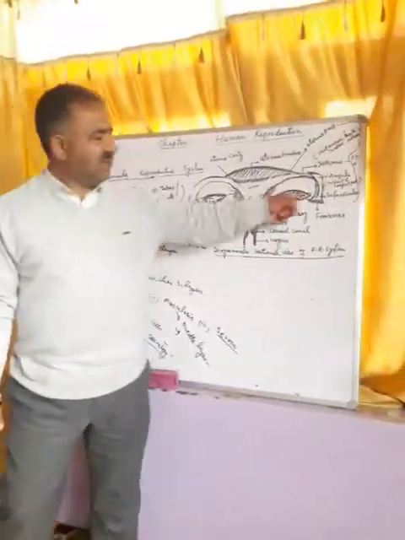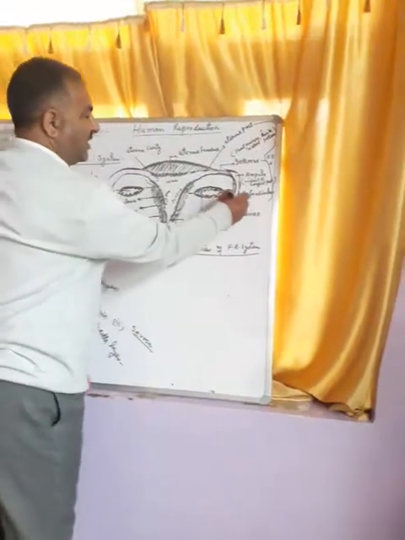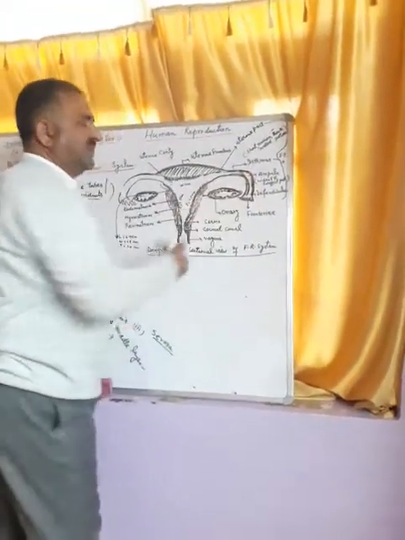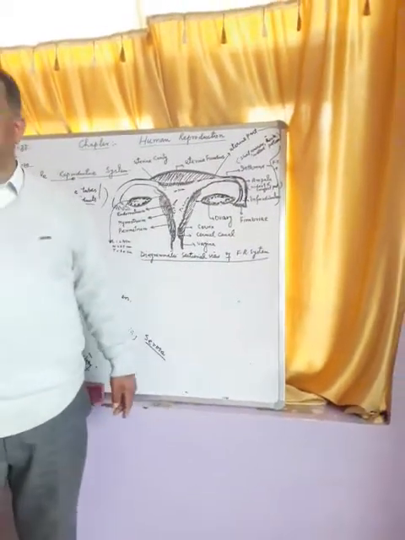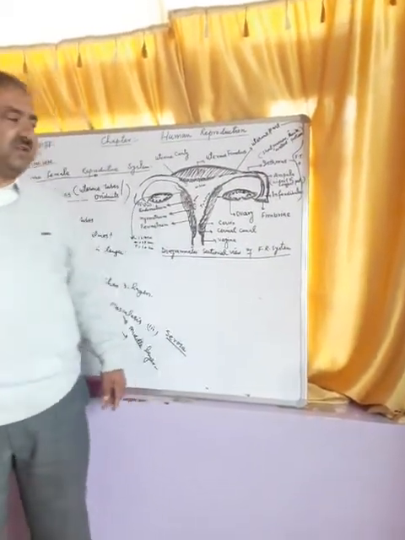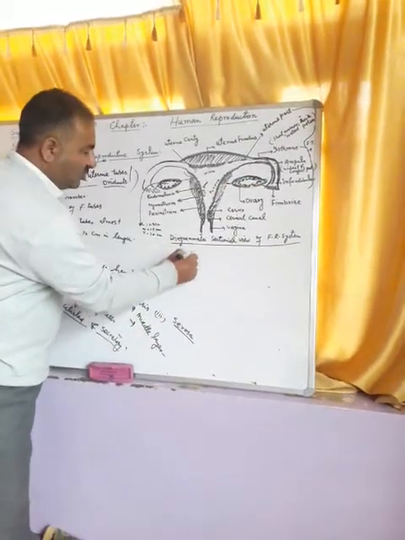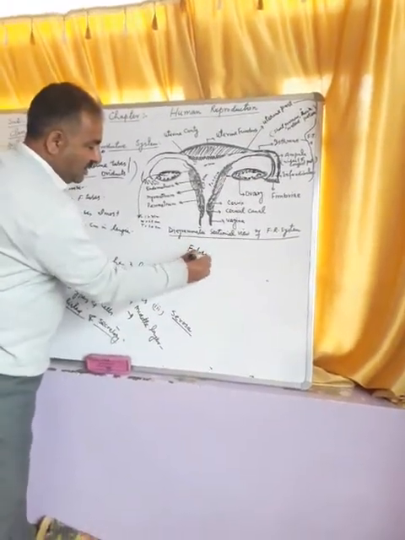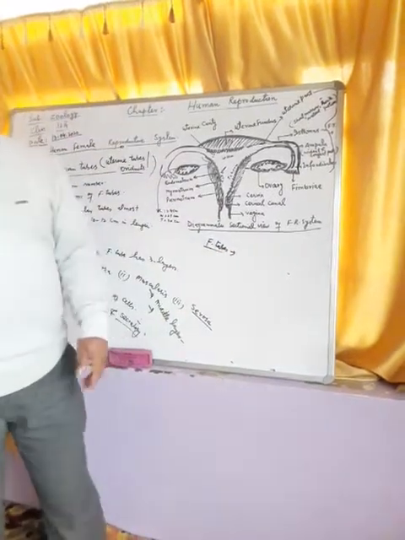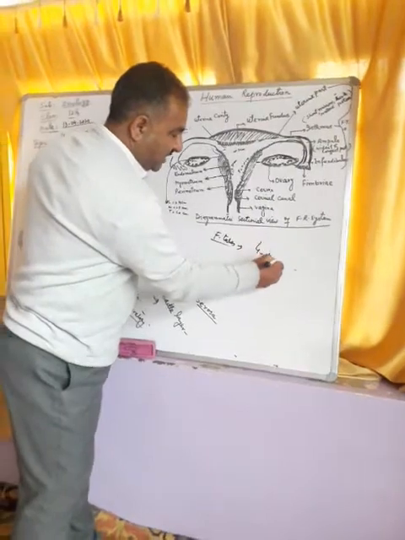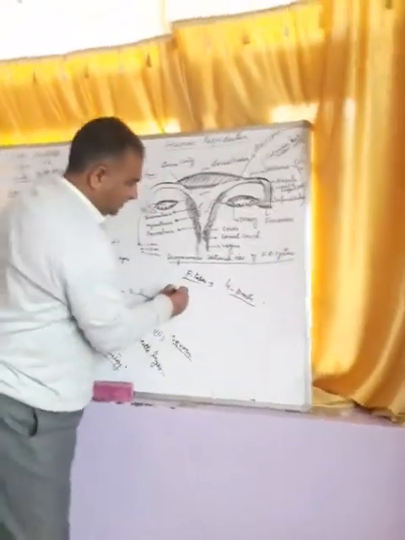So far as the parts of the fallopian tube are concerned, somewhere you can see 3 parts mentioned in some books, and somewhere 4 parts. We'll talk of 4 parts.